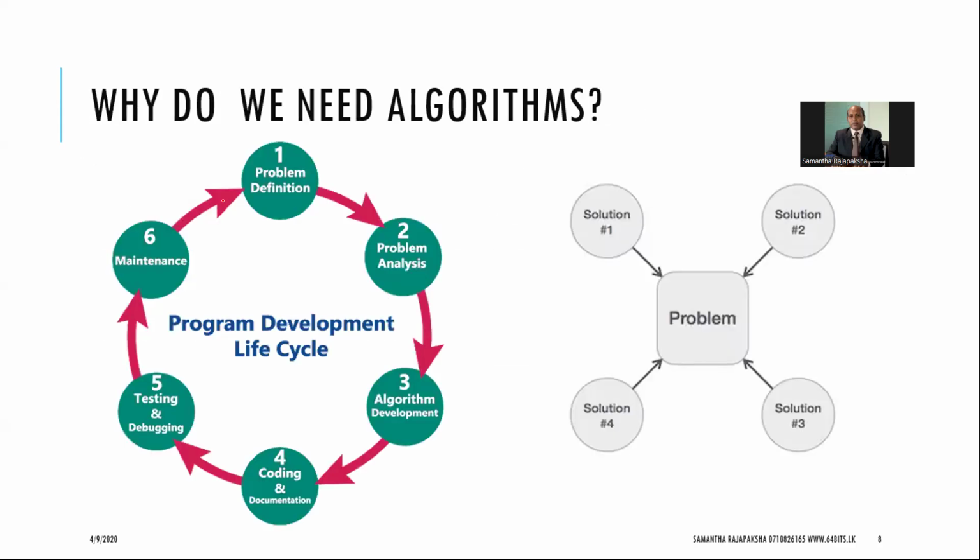Then why do you need algorithms? Remember the reasons why you need an algorithm. When you're given a problem, there are many ways you can solve it, but we want to find the best solution. Once you design the algorithm, by analyzing it, you can find the best solution.